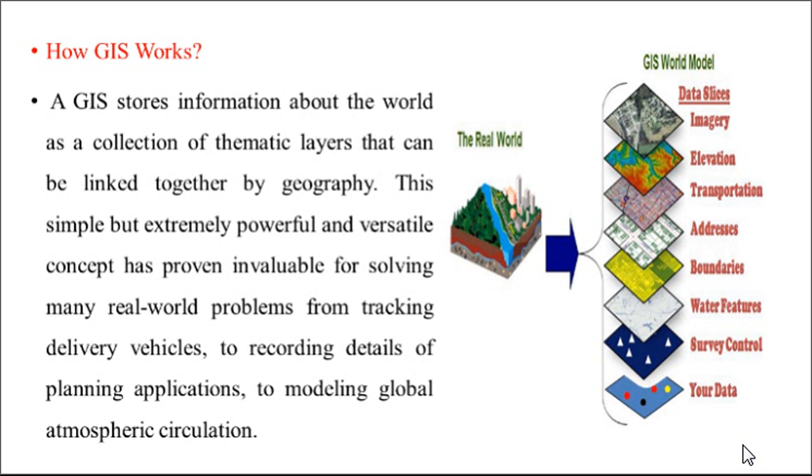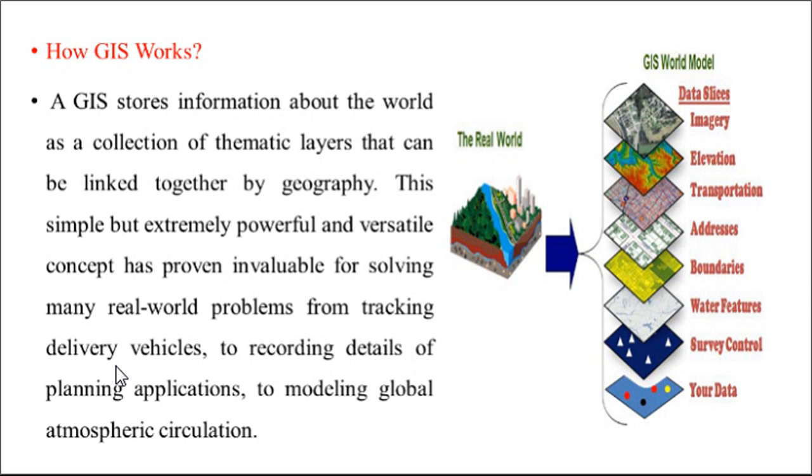Now, as we know, there are tremendous applications of GIS. The first one is recording details of delivery of a vehicle. Suppose some person wants delivery of a vehicle from a particular town or city, then he can track at what distance or how many kilometers that vehicle has traveled.